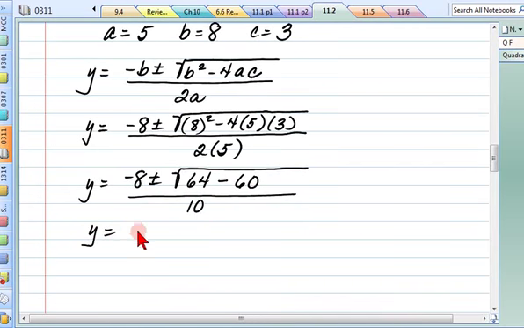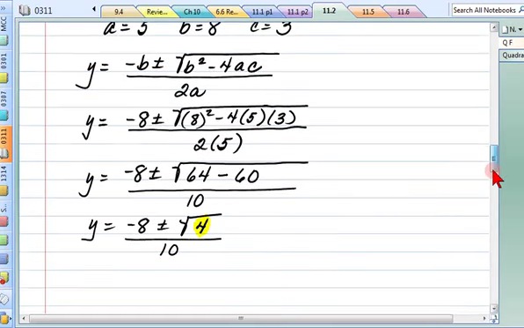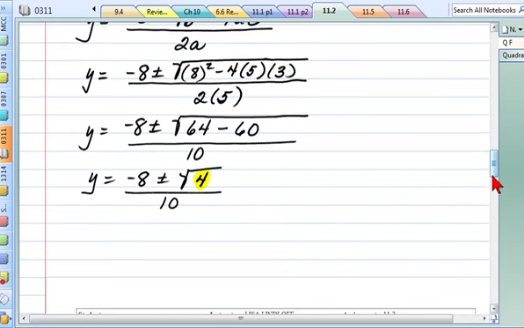That gives me y is equal to negative 8 plus or minus the square root of 4 over 10. This problem, you look at the radicand. Can you tell that this problem is going to have rational answers? We're going to have y is equal to negative 8 plus or minus 2 over 10.